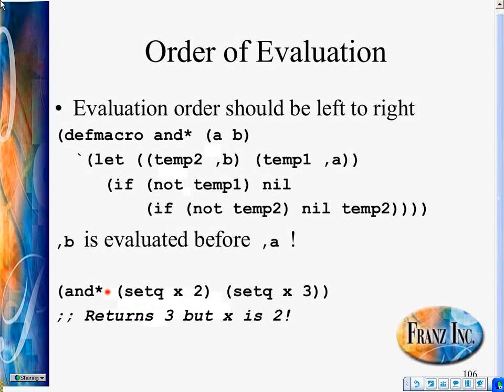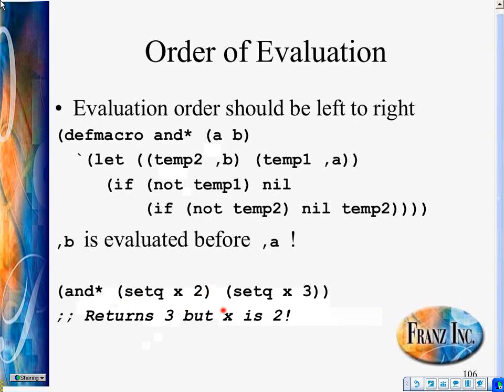So here, both these forms are valid arguments, and each one is setting the value of the variable x. If you just called AND, the already defined Common Lisp function, on (setq x 2) and (setq x 3), it would evaluate (setq x 2) first, and it would return the value 2.